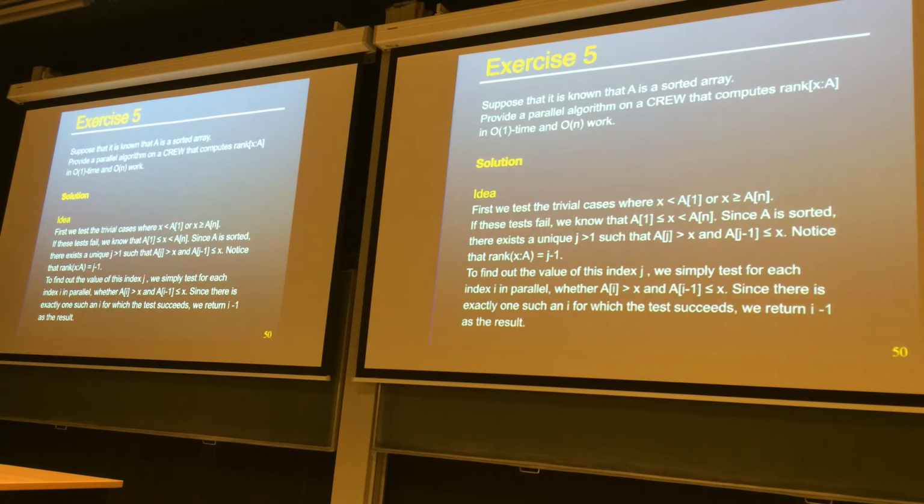If that's not the case, then we know that a1 is less than or equal to an. Since A is sorted, there exists a unique j larger than 1 such that aj is larger than x and aj minus 1 is less than or equal to x.